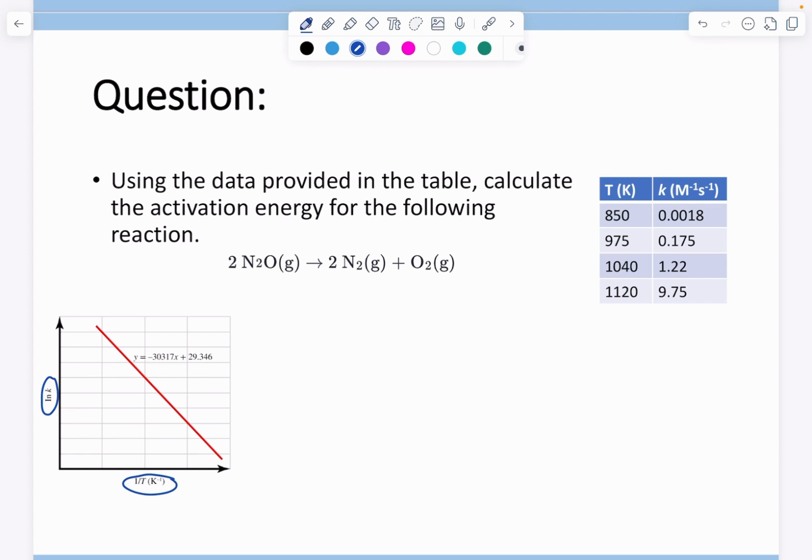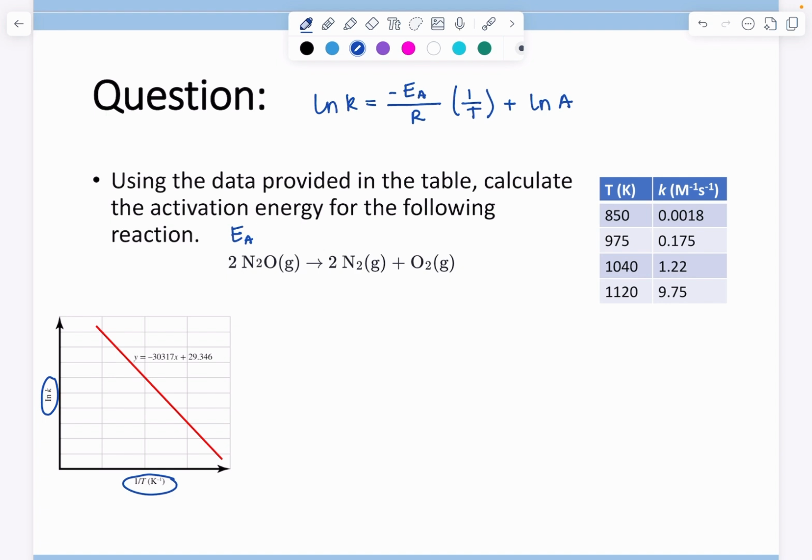So the slope of this line, well, let's write the equation from the previous slide. Natural log of k is equal to negative activation energy over R times 1 over temperature plus natural log of A. So we want to find activation energy. We are given some data and the slope of that line.